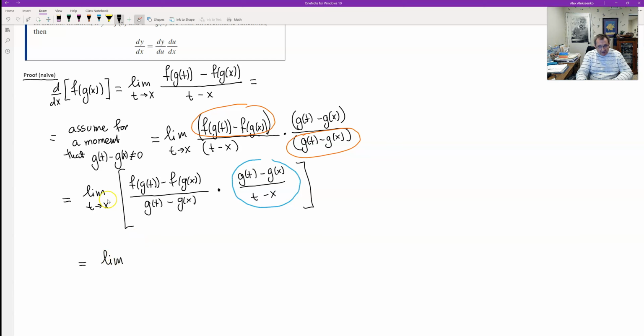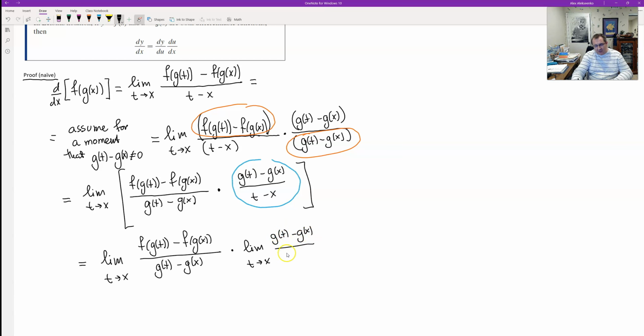And we will replace that expression with limit as t goes to x of f of g of t minus f of g of x divided by g of t minus g of x, times limit as t goes to x of g of t minus g of x divided by t minus x.